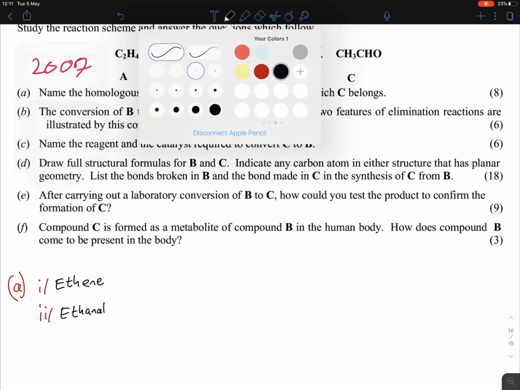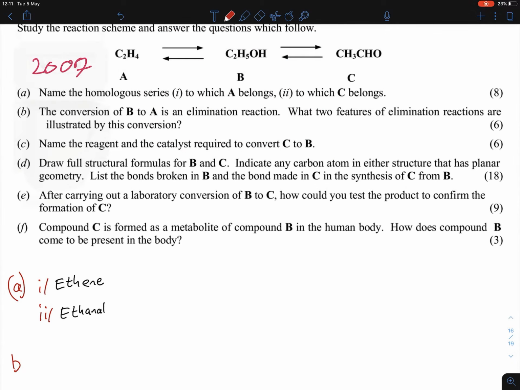Let's look at B. So B, the conversion of B to A, is an elimination reaction. What 2 features of elimination reactions are illustrated by this conversion? Now, the way that was phrased was poor enough, and it can actually confuse people.